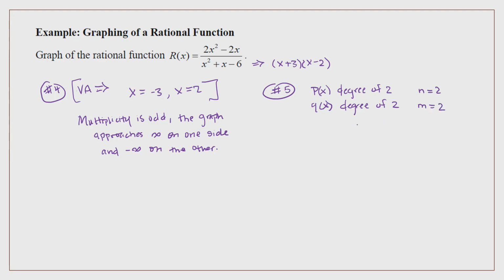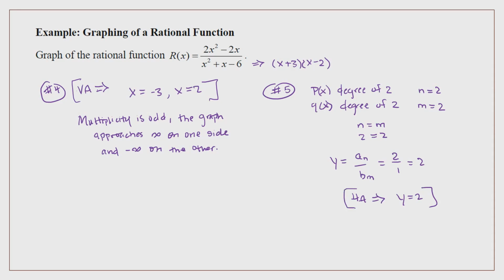So n equals m because 2 equals 2. So this means that we have a horizontal asymptote, and the horizontal asymptote is going to be the ratio of your leading coefficients, which are 2 and 1, which equals 2. So we have a horizontal asymptote at y equals 2.